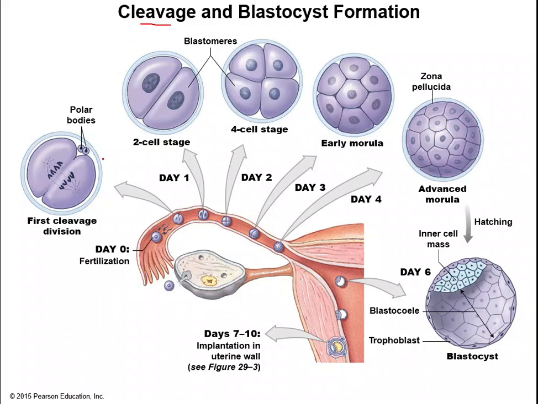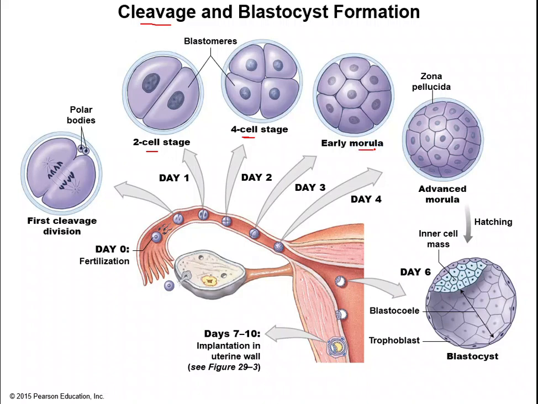The zygote will mitotically divide into a two-cell stage, and then from there it will divide into a four-cell stage, and eventually it will give rise to a morula.